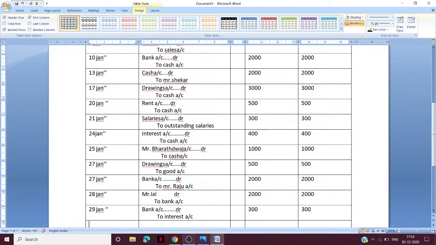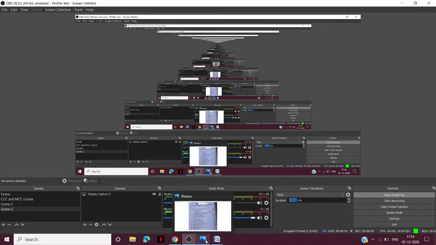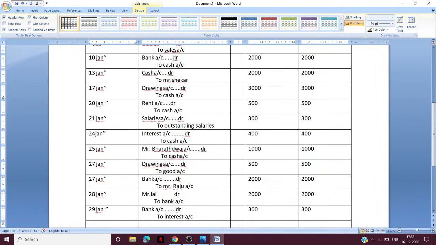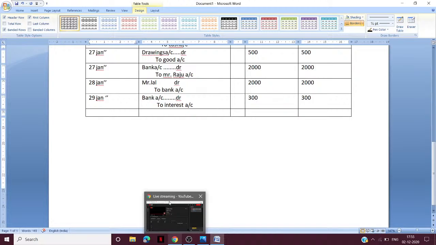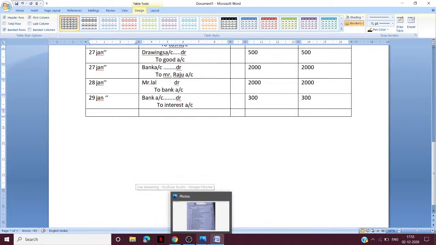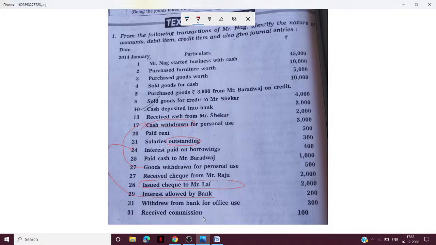So the next transaction will be, let us see the next transaction. In interest allowed by bank, we have done with that.